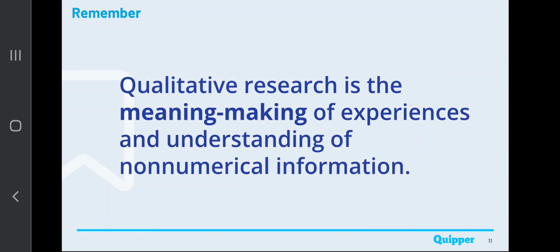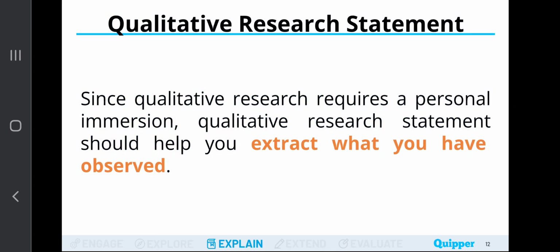Now, it's always important to remember that qualitative research is the meaning-making of experiences and understanding of non-numerical information. Therefore, if numerical information is for quantitative research, qualitative research is focused on making meaning out of the experiences and understanding of information that is non-numerical.